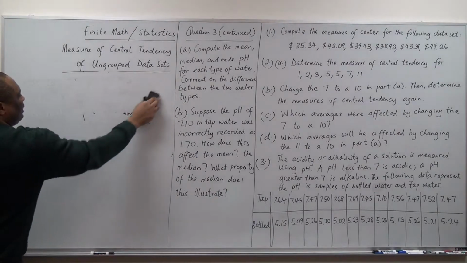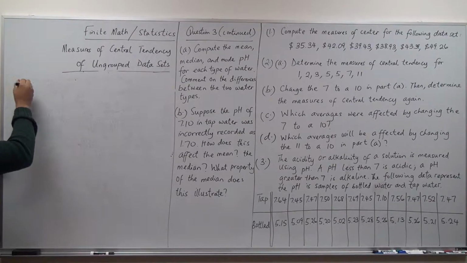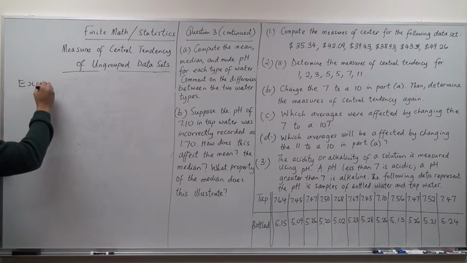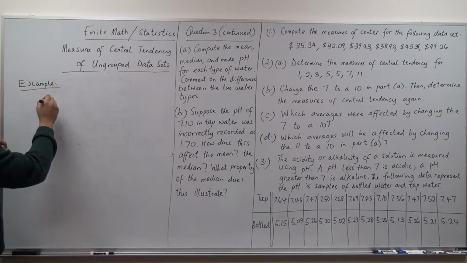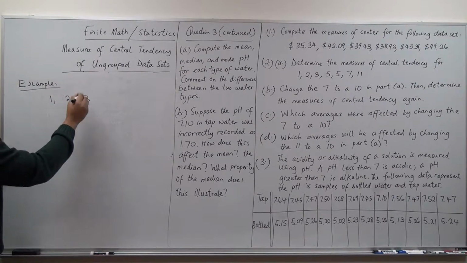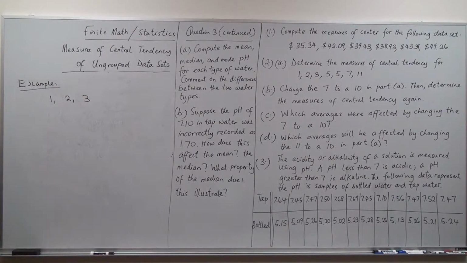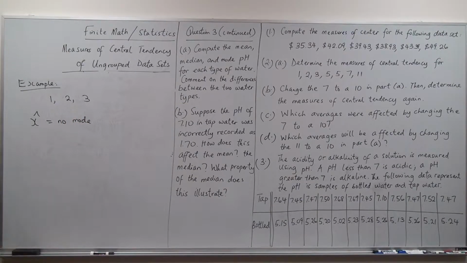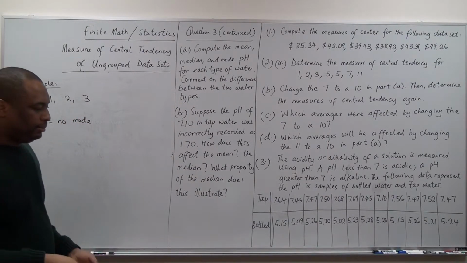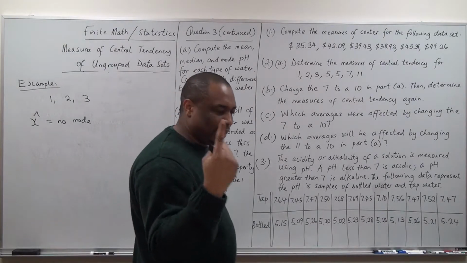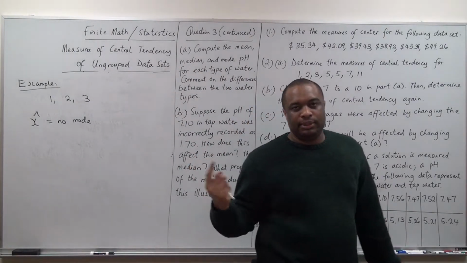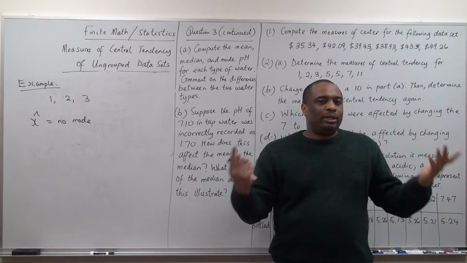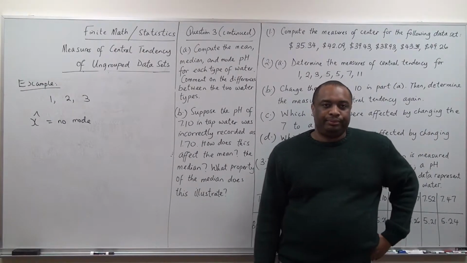Now, let's look at an example of mode. Let's say you have 1, 2, 3 in this data set. Right? X hat, no mode. There's no mode, because 1 occurred one time, 2 occurred one time, 3 occurred one time. So there's no mode.